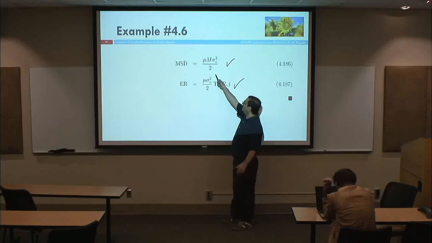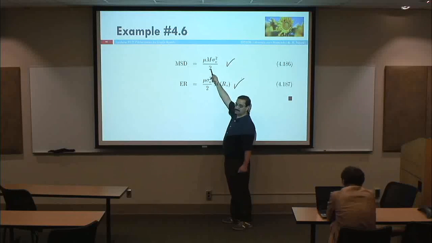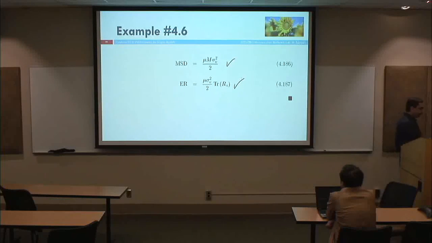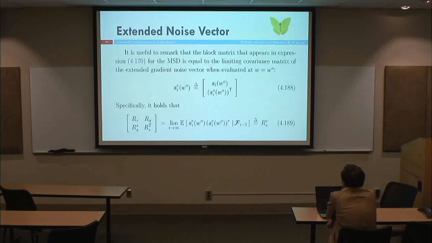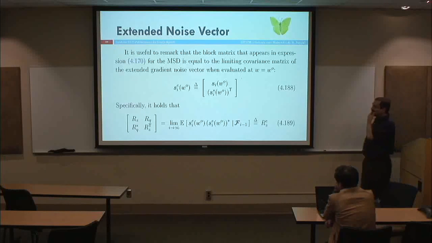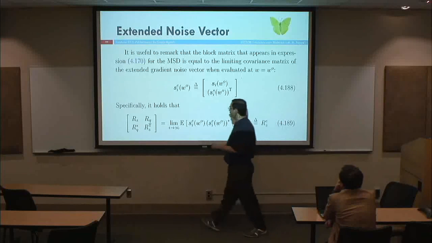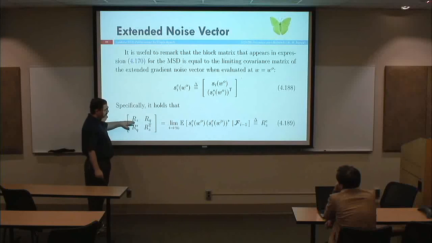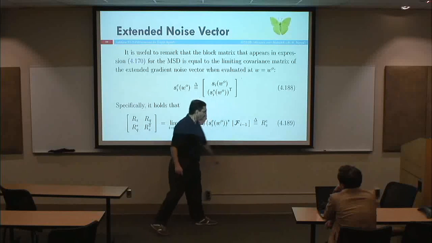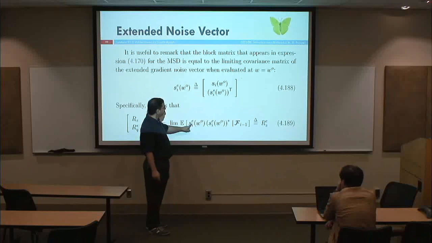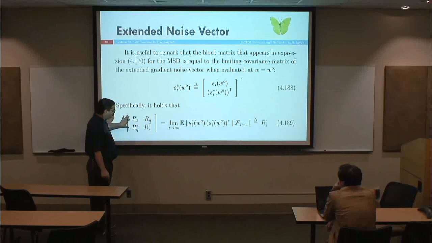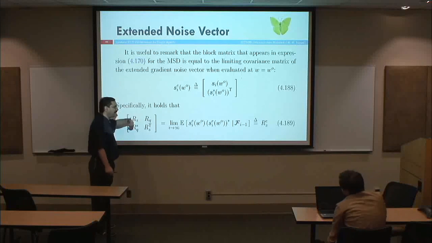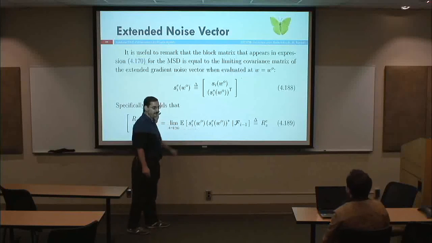And by the way, in the real case, we did not have the 2. In the complex case, you have the 2. So if I just replace this by H, I capture both situations, right? And one final remark: this extended matrix, which appeared in the performance expression, is simply the actual covariance matrix of the extended vector, right?